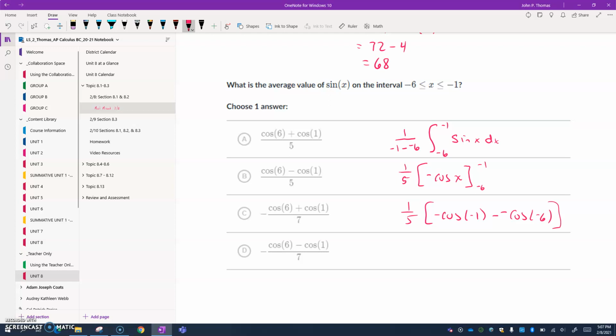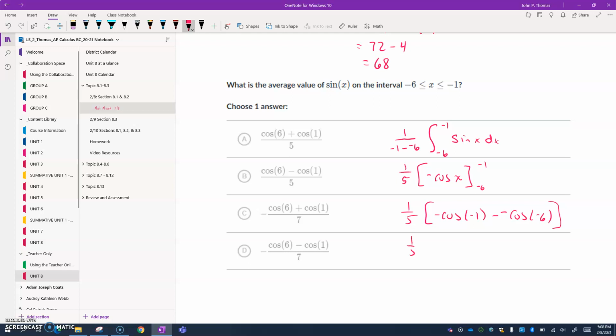All right. So from here, we want to clean this up as much as we can. What I notice is on the insides here, I've got negative numbers. So I'm going to use the fact that cosine is an even function, meaning it's symmetric about the y-axis.